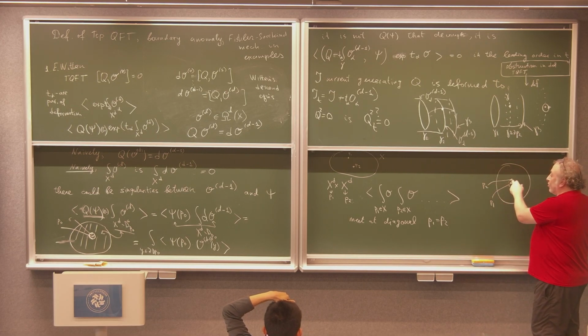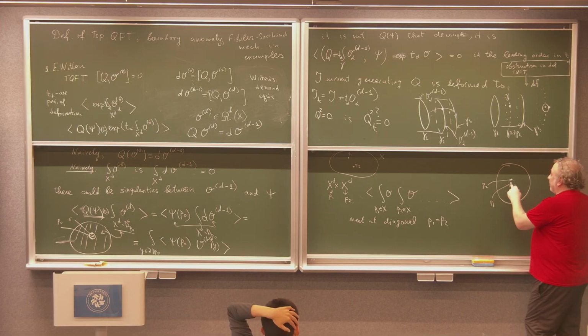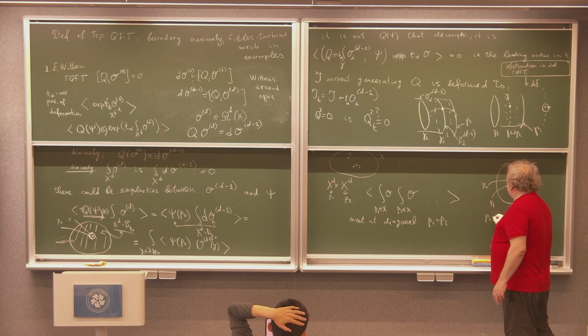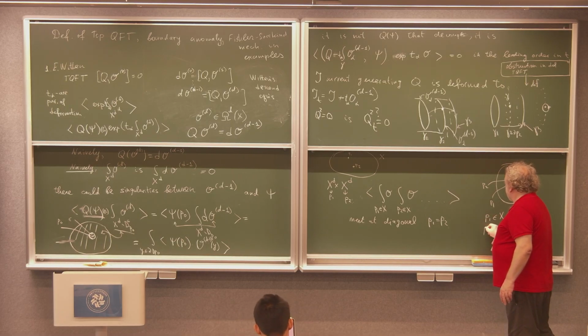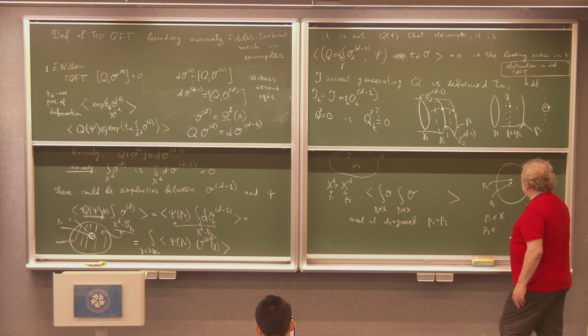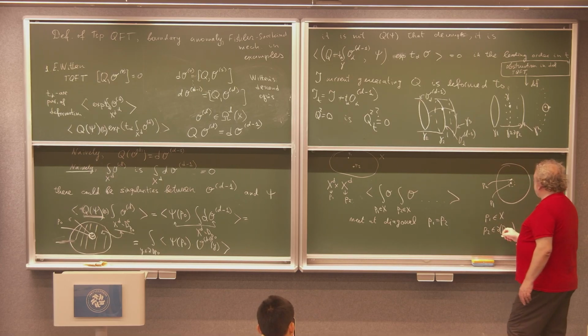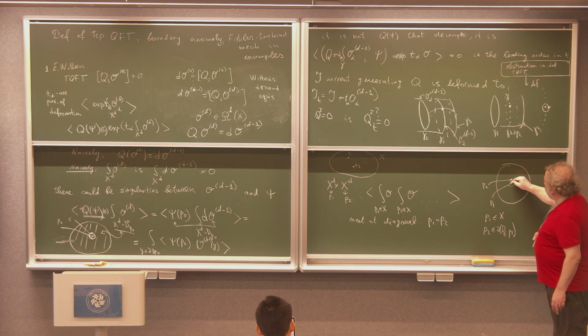So there is a boundary in configuration space where P1 could be everywhere on X, and P2 is the boundary of the epsilon disk.